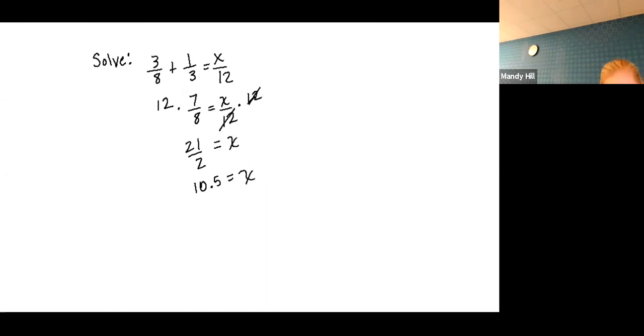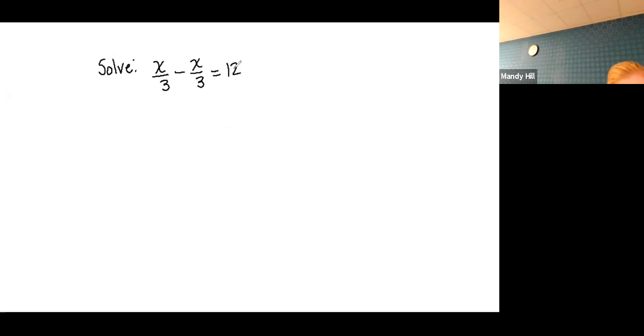Okay, so let's look at the next problem. Solve x over 3 minus x over 3 is equal to 12.